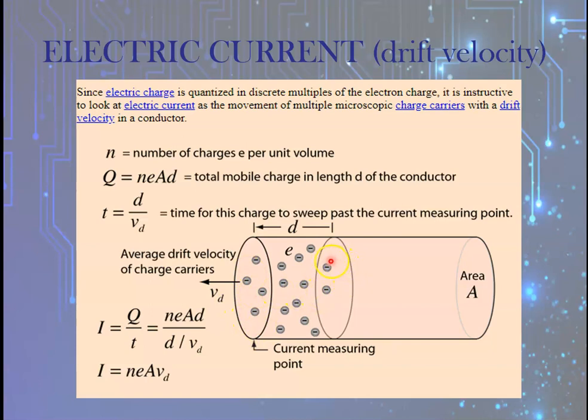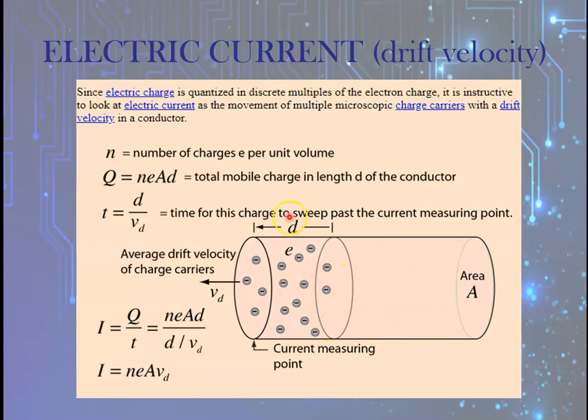The movement of the electron from this point to this point is what we call drift velocity. So the total charge in this part is n times e times A times d. This is the total mobile charge in this length of conductor.